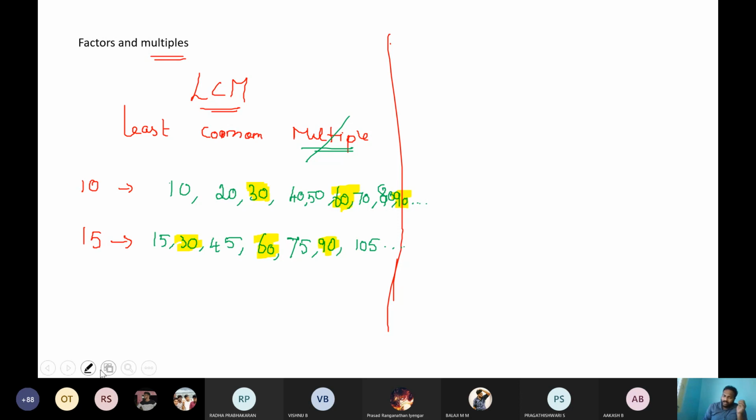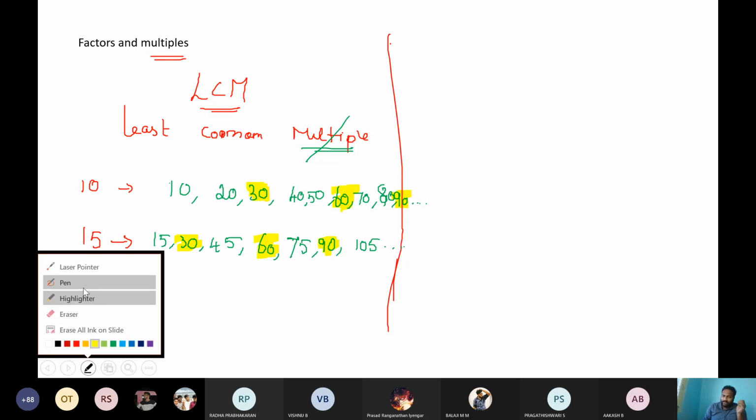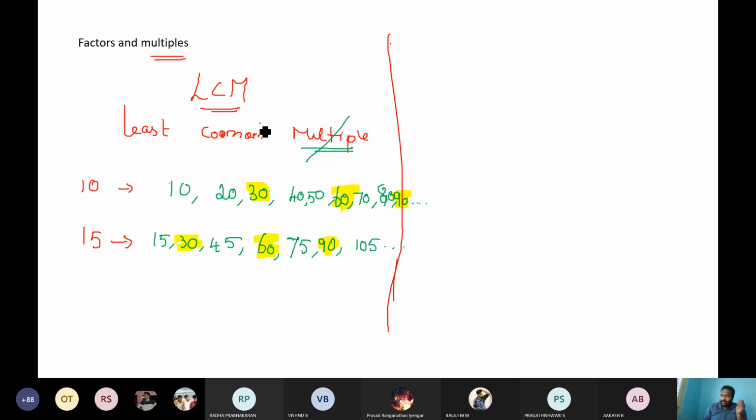Similarly, 120, 150, 180, all these will be common. Fine, so I have found the common multiples also. Out of that, which one is the least? 30 is the least. So the LCM is 30. Clear, people? That is what it actually means.